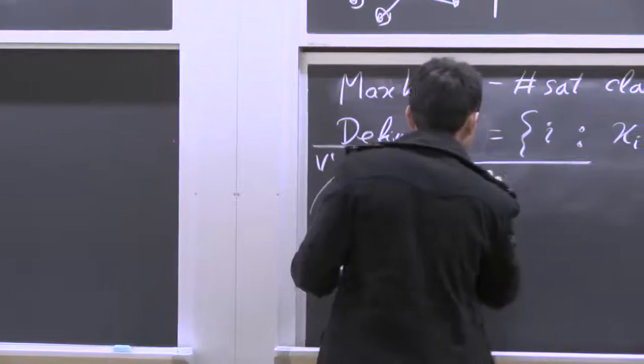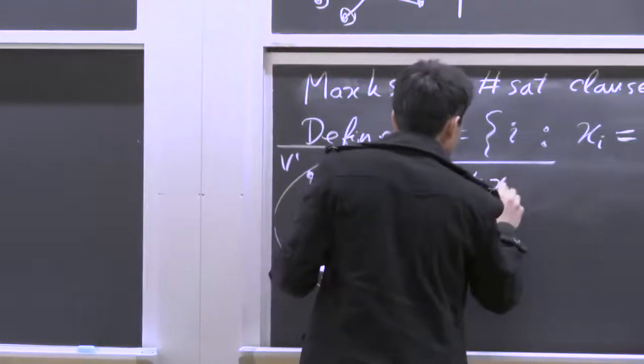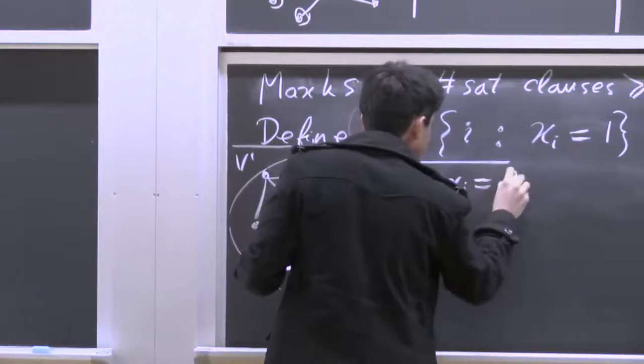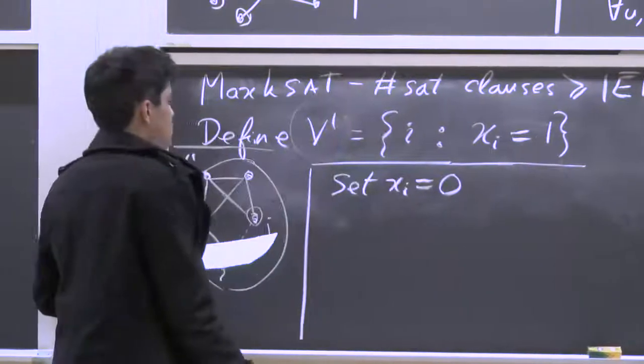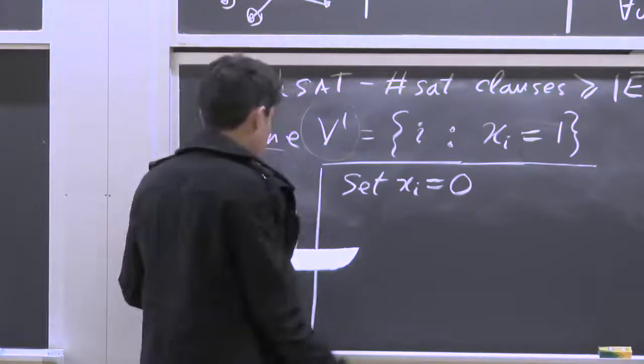So we take and set xi equal to 0. And xi was originally 1. So let's actually write it down.